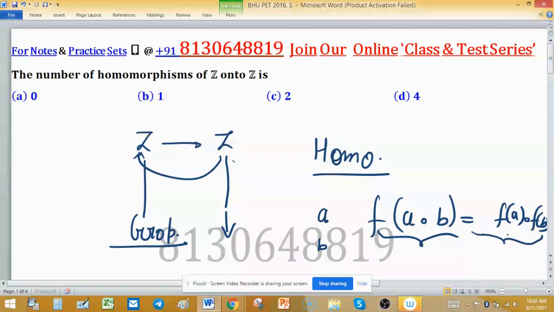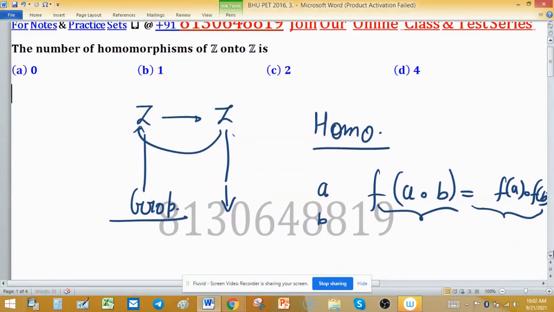If this property is satisfied, we say a homomorphism exists. We are seeking an onto homomorphism, meaning elements from one side satisfying some property, then the image or pre-image will also satisfy the same property.